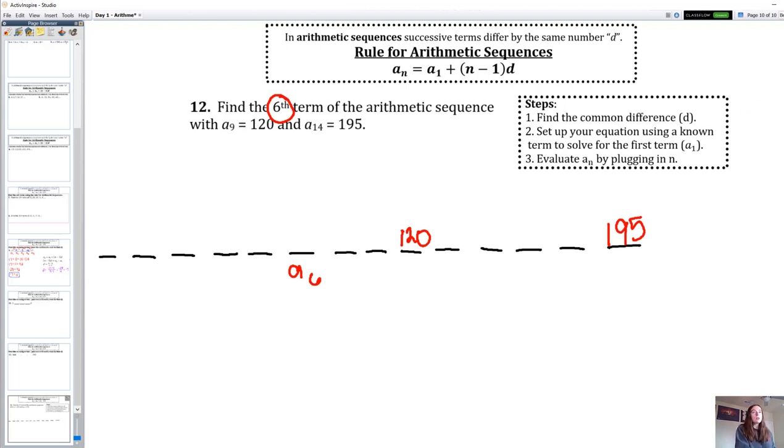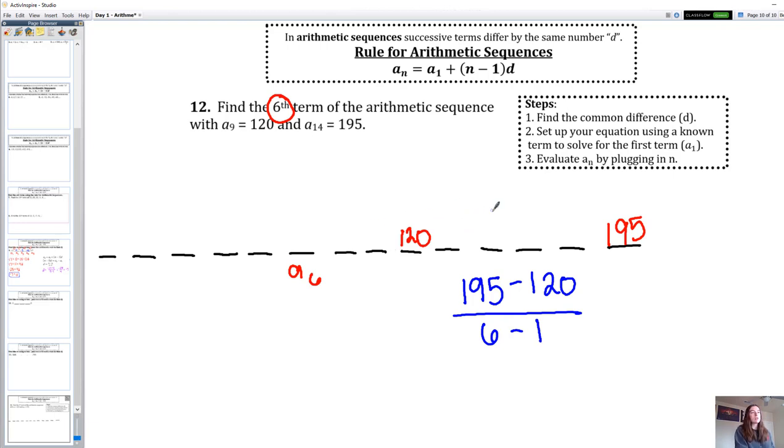So what that looks like here, our last term is 195, minus the first term that we know, and we're dividing by, in this case, to get from 120 to 195, we're going to treat this 120 as our a sub 1. So this is a sub 1, 2, 3, 4, 5, 6. So we're going to divide by 6, that's our n, minus 1.